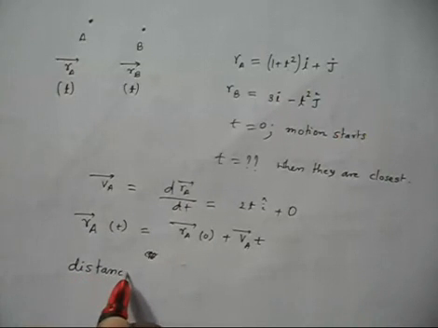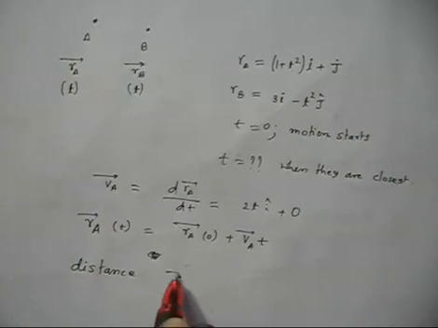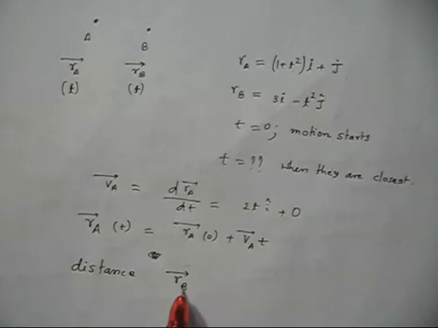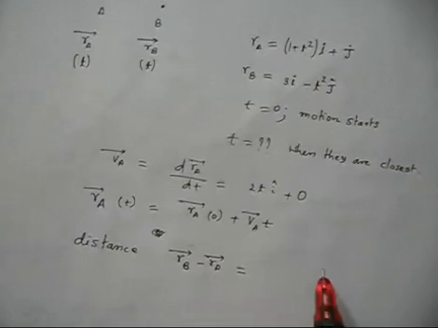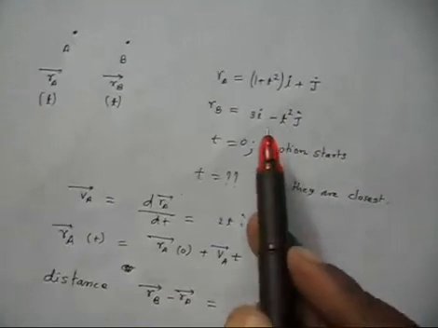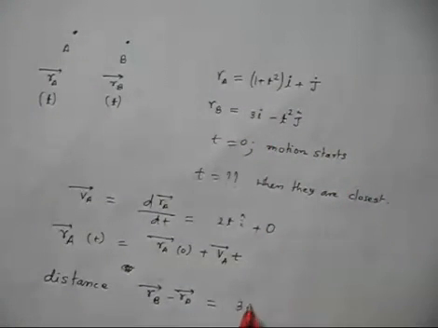So the distance, or you can say displacement, is RB minus RA, the displacement between B and A. So RB is 3i cap minus t square j, this is RB minus RA.